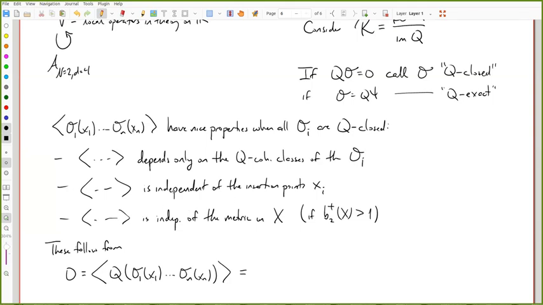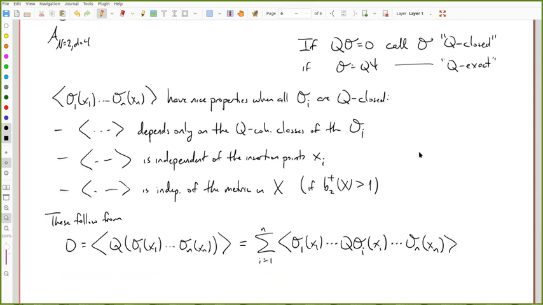Then this Q would obey the Leibniz rule, and so we would say, well, this is the sum from 1 to n of terms where the Q acts on the ith factor. So from that equation, you can formally deduce, and it's an interesting exercise to do it, the first two properties here.